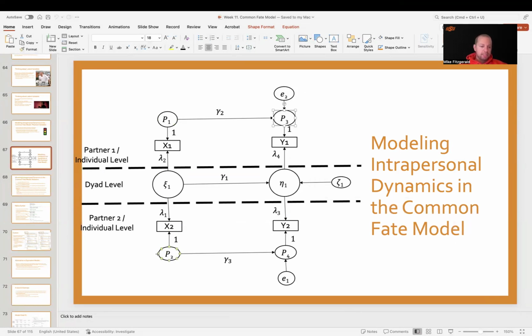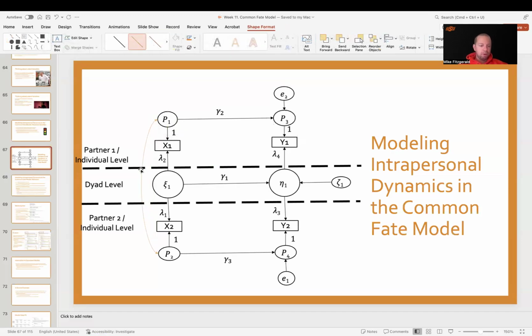And so Mplus is going to think that we want this orange covariance here to be estimated. Well, we actually don't want this covariance, and one of the reasons is that we would expect it to be zero. Why? Because we are already capturing all of the shared information in the common fate latent variable.